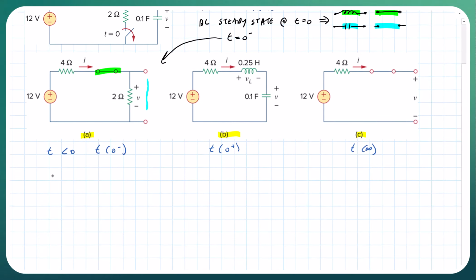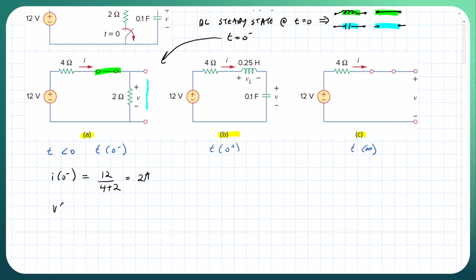Our current I at 0 minus is going to equal 12 over 4 plus 2. So we have our 12 volts, so I equals V over R. The 4 ohms and the 2 ohms are in series, so we just add them. So we got 12 volts over 4 plus 2, 12 over 6, and that's going to give us 2 amps.